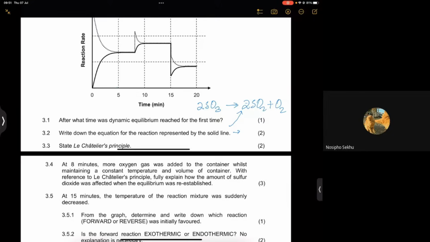At 8 minutes, more oxygen was added to the container whilst maintaining a constant temperature and volume of the container. With reference to Le Chatelier's principle, explain how the amount of sulfur dioxide was affected when the equilibrium was re-established.